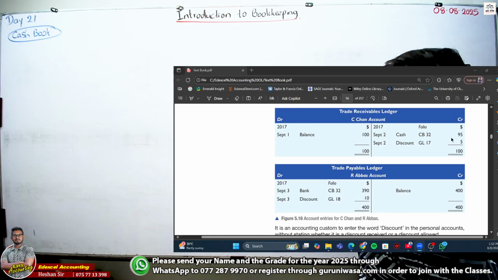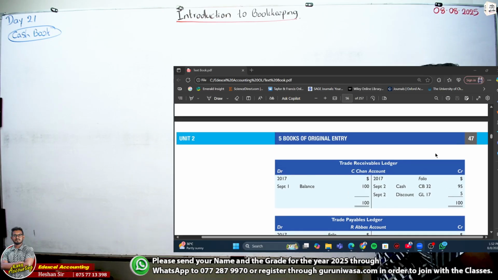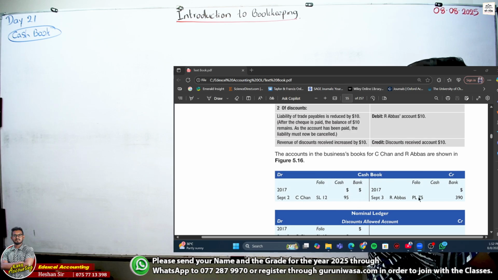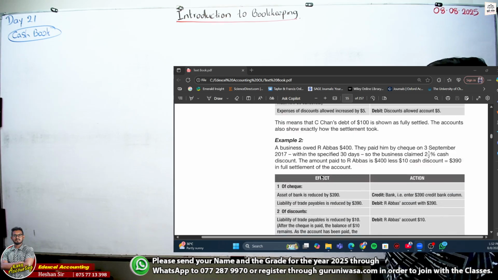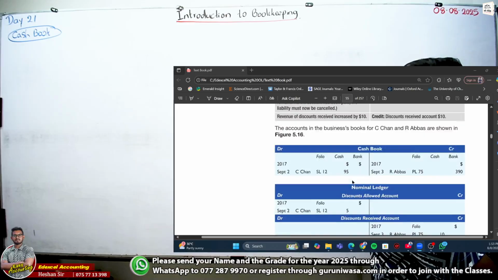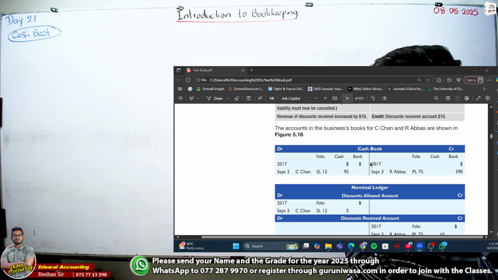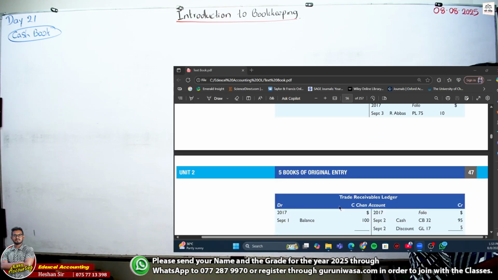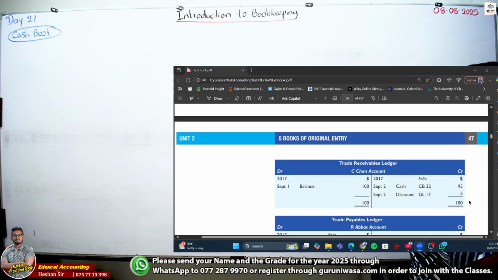Now we need to record the discount separately. So how do we record it in here? We allowed a discount to C-Chan of rupees 5. It is not recorded in the cash book. So we record it like this: discount allowed account debit, C-Chan account credit.